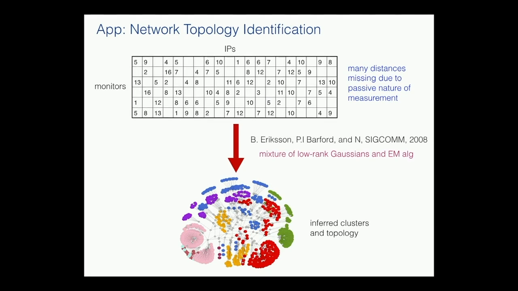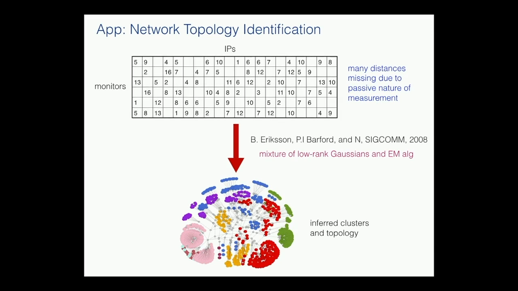What we did there, and this was now, I guess, 10 years ago, there wasn't really much to choose from. So we said, you can think of these different low-dimensional subspaces, these different clusters, as like Gaussian clusters. And then you could imagine using an EM-style algorithm with low-rank Gaussian covariances.